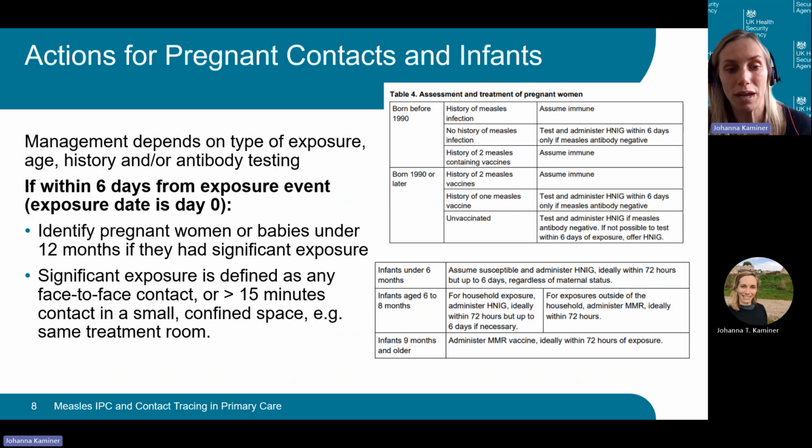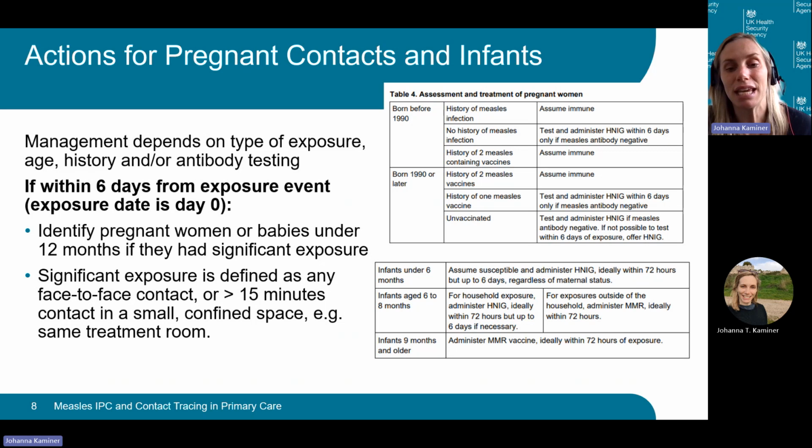If pregnant women or infants under the age of 12 months are identified, and if they had a significant exposure, for immunocompetent infants and pregnant women who are normally managed in the community, where intravenous immunoglobulin is not really practical, intramuscular HNIG, so human normal immunoglobulin, is recommended.